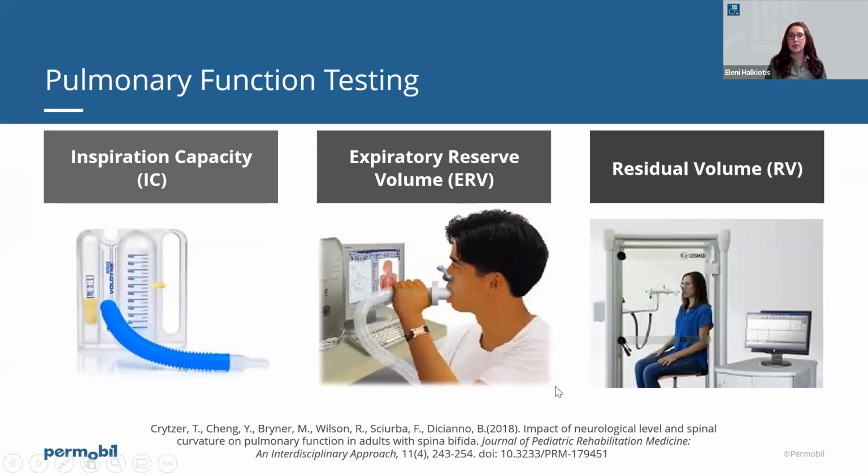During this study, they partnered with the respiratory therapists at the University of Pittsburgh to have a range of pulmonary function tests completed.